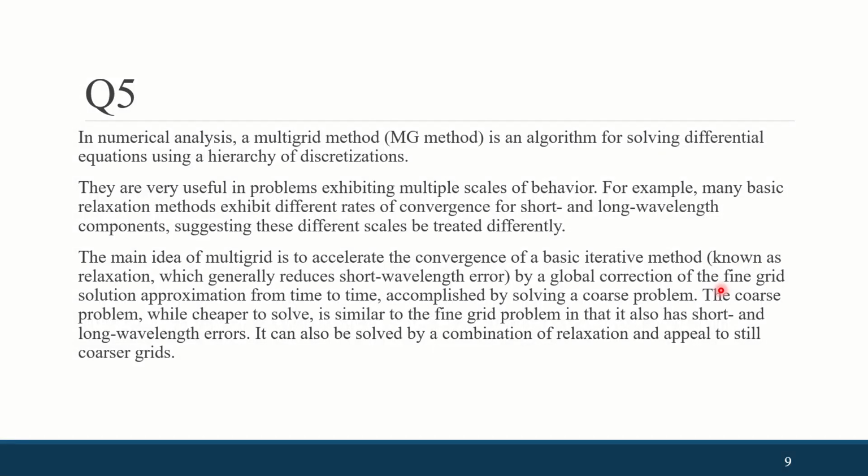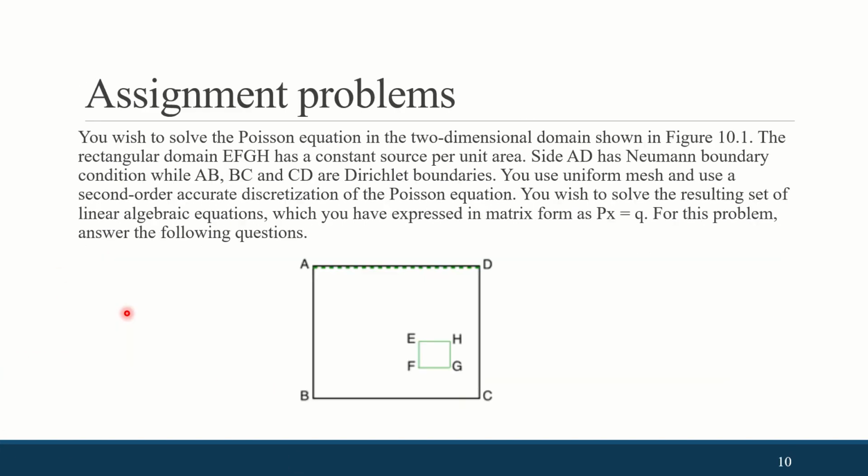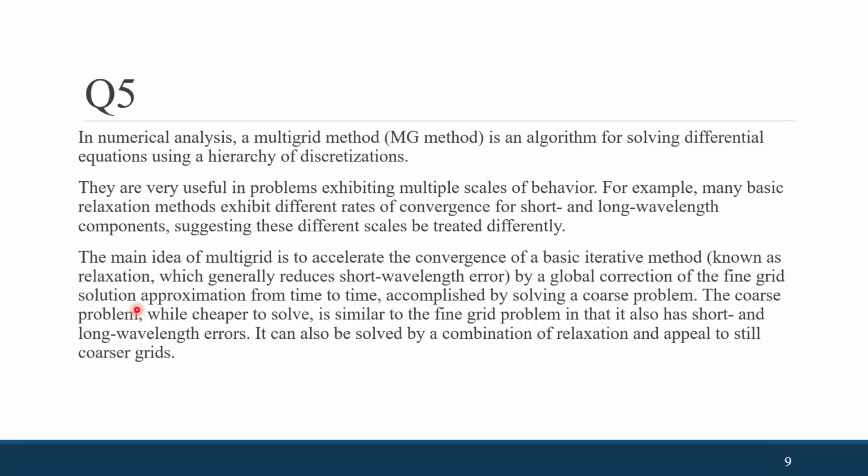From time to time, thereby we are solving the problem. The coarse problem, the coarser grid, would be easier to solve, right? The coarse problem, while cheaper to solve, is similar to the fine grid problem in that it also has short and long wavelength errors. It can be solved by a combination of relaxation and moving to still coarser grids. So this is what was explained in the previous slide.